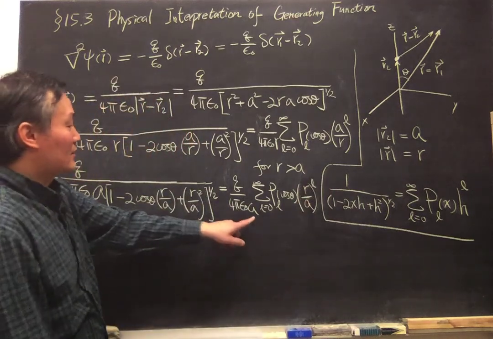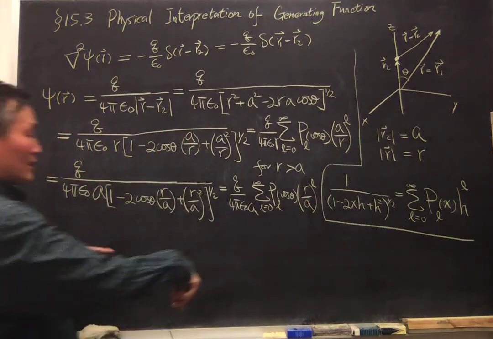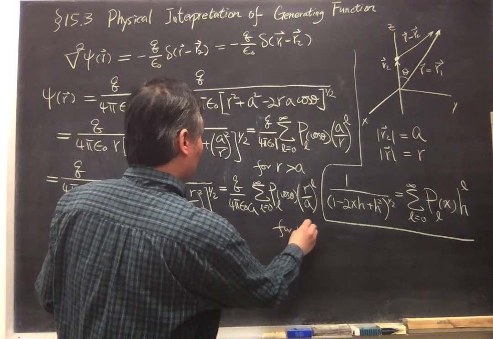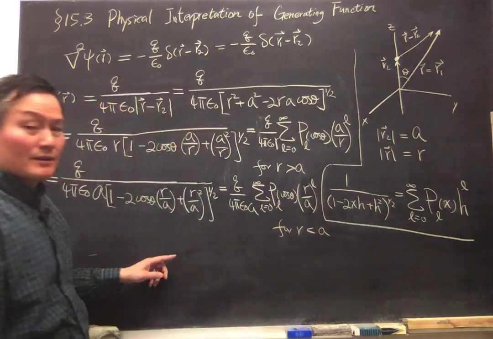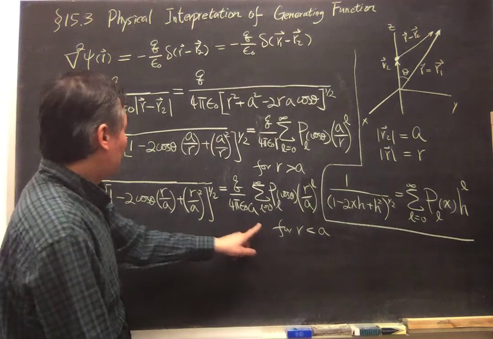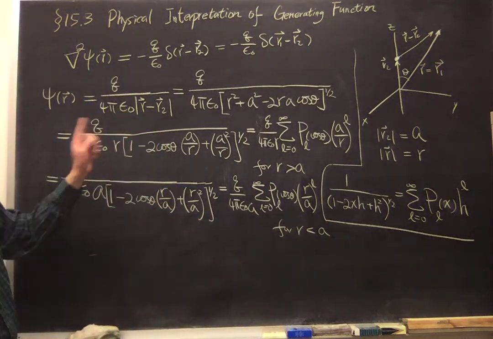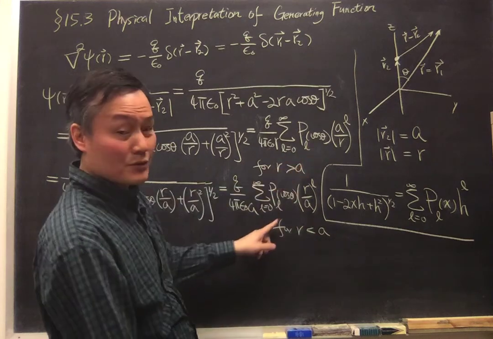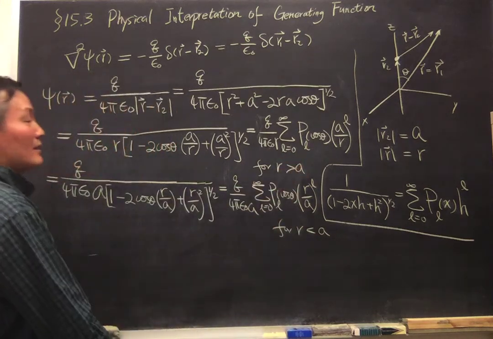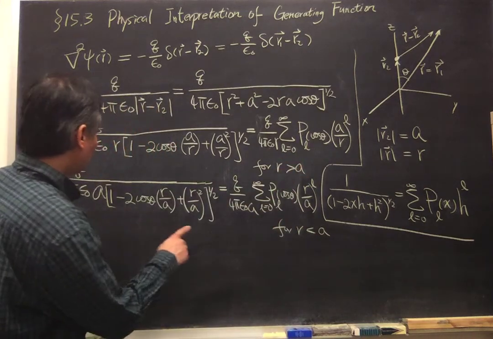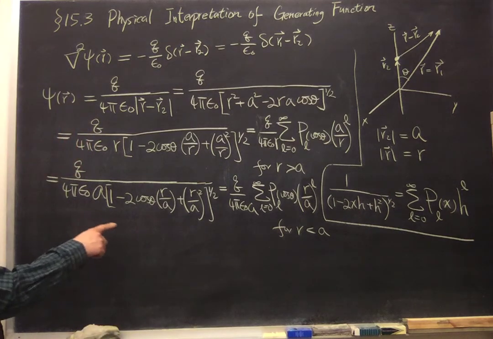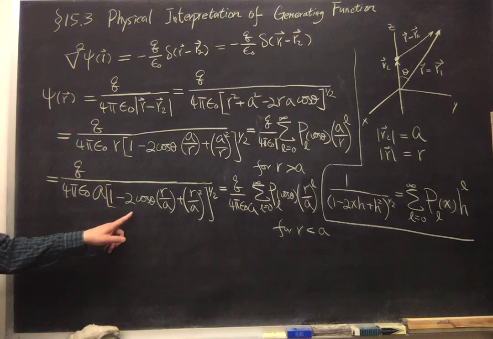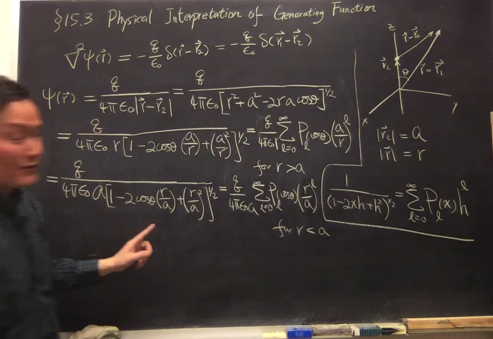This is for the case R less than A. This covers both cases, and obviously when R equals A, the two series are the same.